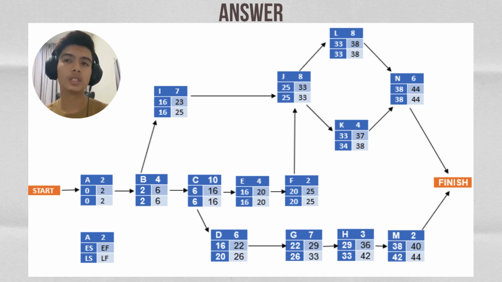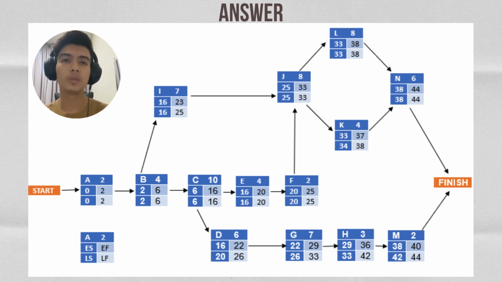The next step, we do the same operation for one arrow source only, but if the source comes from two arrows, we will choose the smallest number. From the example, column E comes from two sources, which are F and H. We choose the smallest number, which is 20.